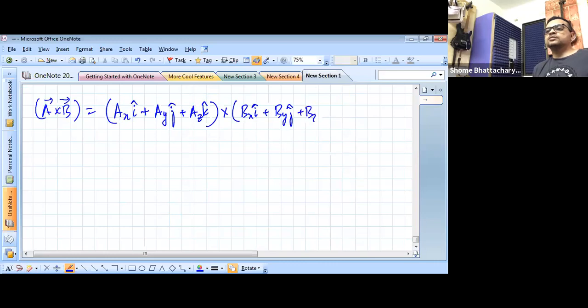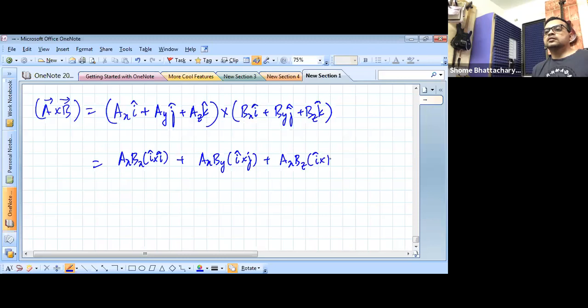So you can see we'll get quite a monster kind of expression, but it will be simplified a lot. You'll get 3 into 3, 9 terms. So let's start by writing the first term multiplied with this entire row. So it is ax bx i cross i. So this term will become 0. Then we have ax by i cross j. Then similarly we have ax bz i cross k.